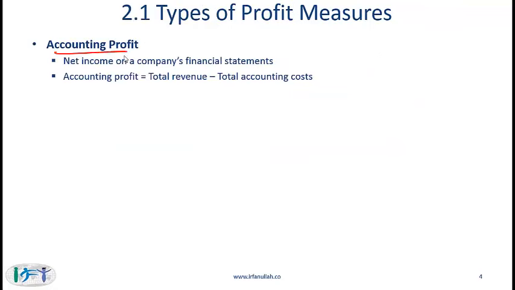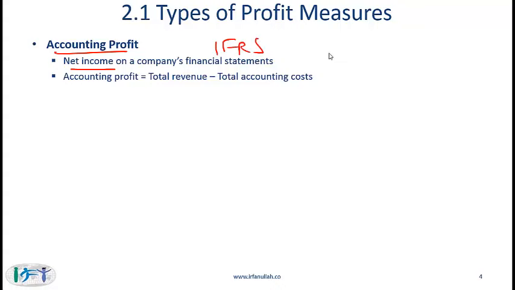We'll start with accounting profit. This is the profit or net income on a company's financial statements. The financial statements will be created based on some accounting standard. So in most parts of the world, accounting statements or financial statements will be created based on IFRS.